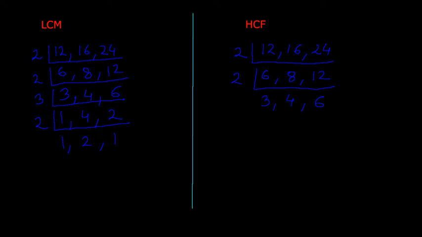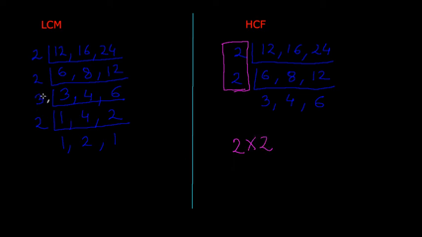In order to grab the answer for HCF, we look at these 2 numbers over here, the things we have divided by, right? So it will be 2 times 2.